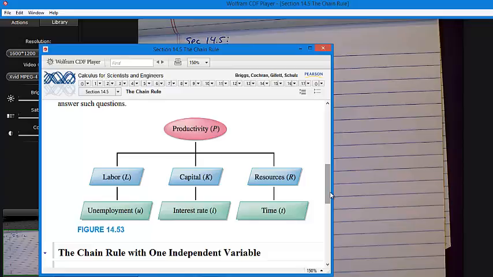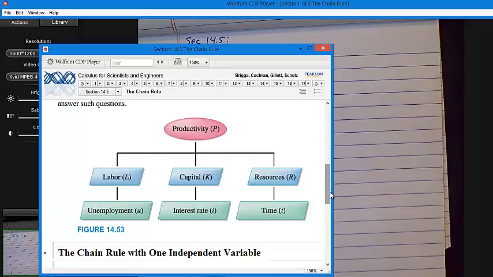Capital depends on the interest rate. Is that true? Maybe if interest rates are higher, people put more in the bank? Maybe. Resources depend on time. So you get this functions of functions going on. Okay? And that's what the chain rule is all about, a composition of functions.